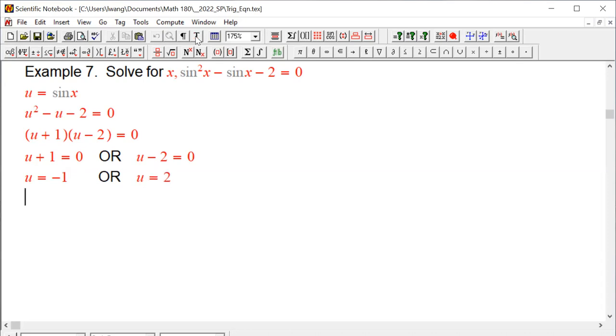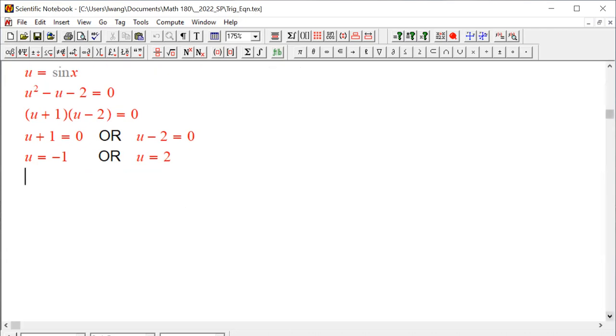Let's do one at a time. When we do it one at a time, we take sine x back to our picture. So for u equals to negative 1, sine x equals to negative 1.